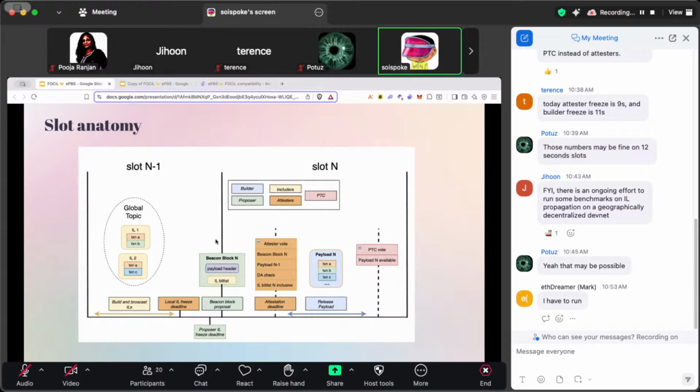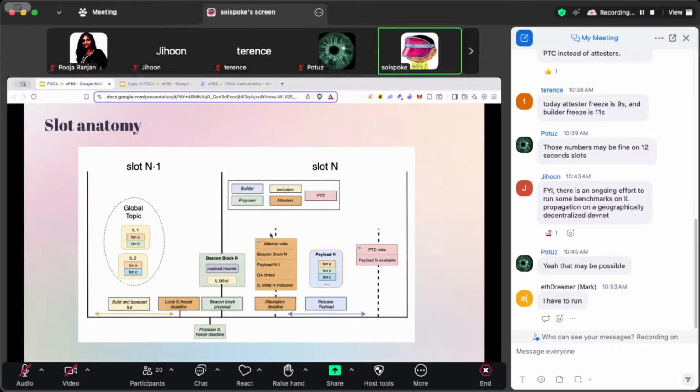The signal given by the IL bitlist inclusivity check is just for the proposer. The attesters will just do the full deterministic post checks according to their own views, I think. Gotcha. Thank you.